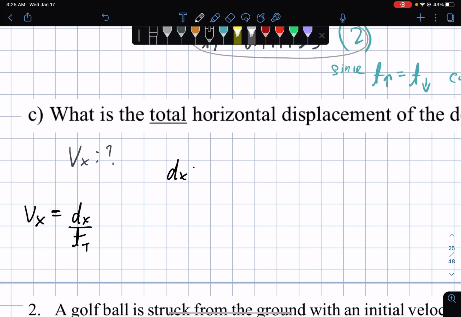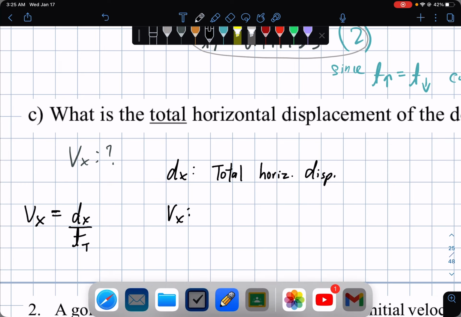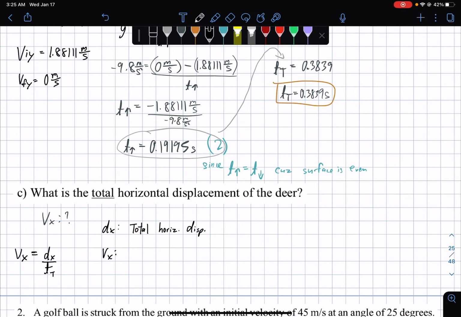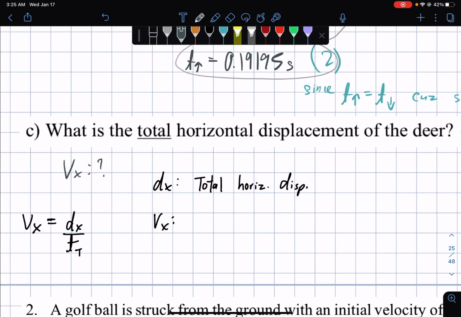So dx is actually the total horizontal displacement. What is the vx? What is the t? Well, t is already known as the total time, so I won't write it anymore. What is vx though? I think we computed for that a while ago. I think it's equal to vix.